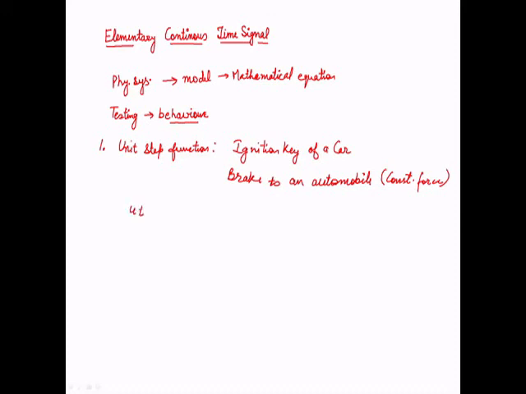signal by u(t). u(t) is the representation of unit step signal, and the value of the signal is 1 for t greater than and equal to 0, and it is 0 when t is less than 0.